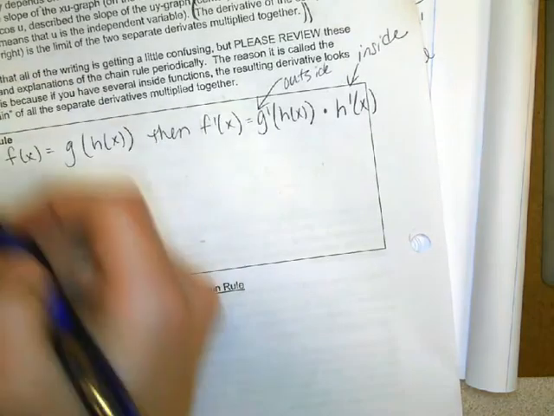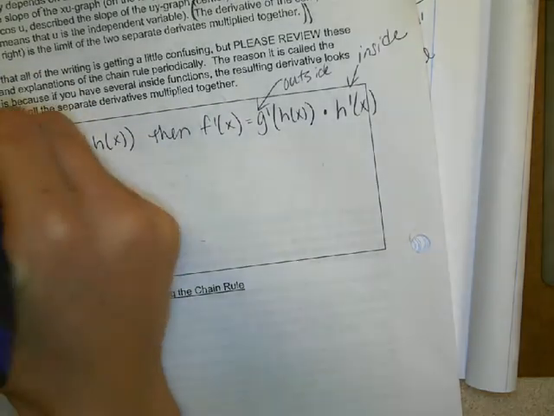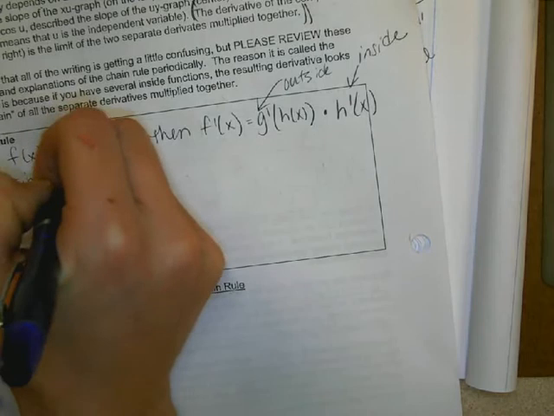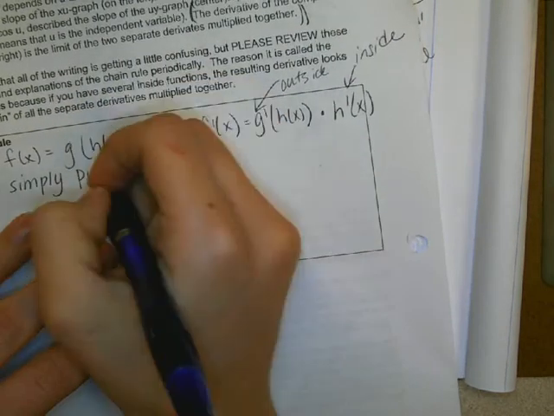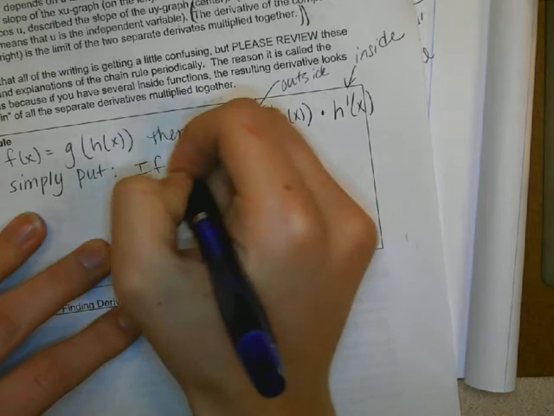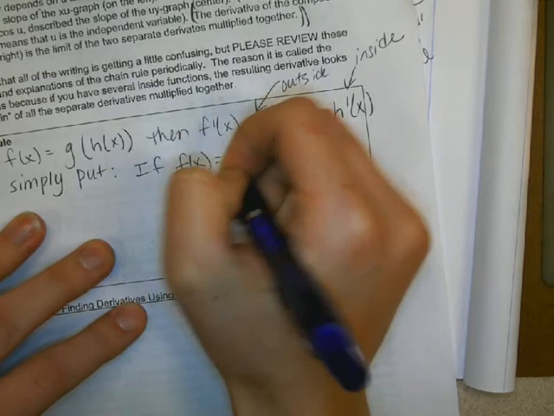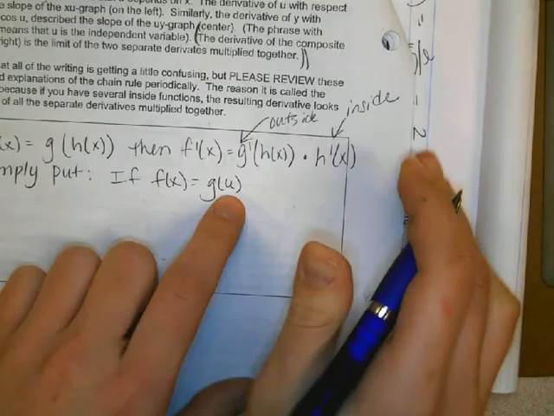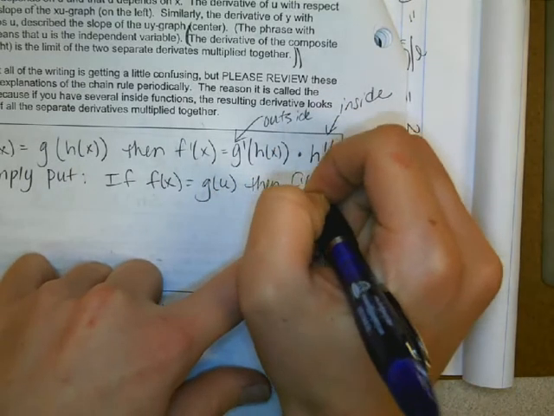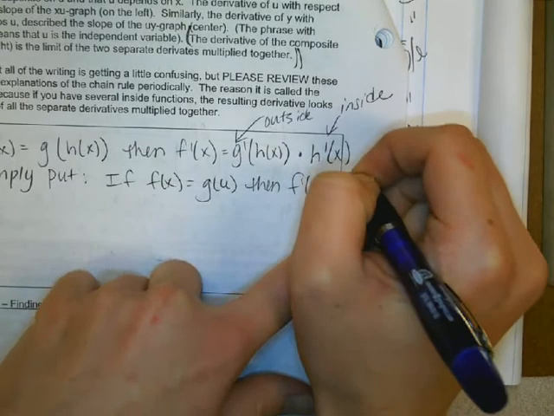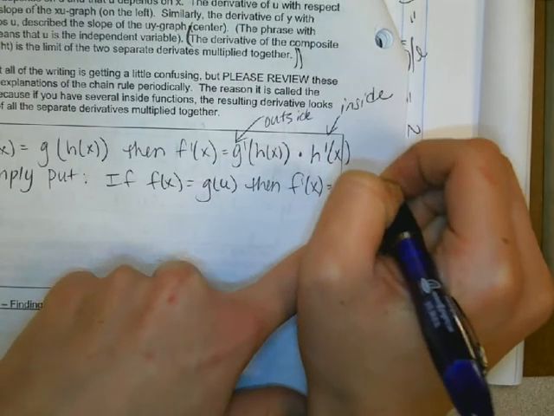Okay, more simply put, because I like to use u substitution, which we'll get into. If f of x equals g of u, this inside function, then f prime equals g prime of u times u prime.